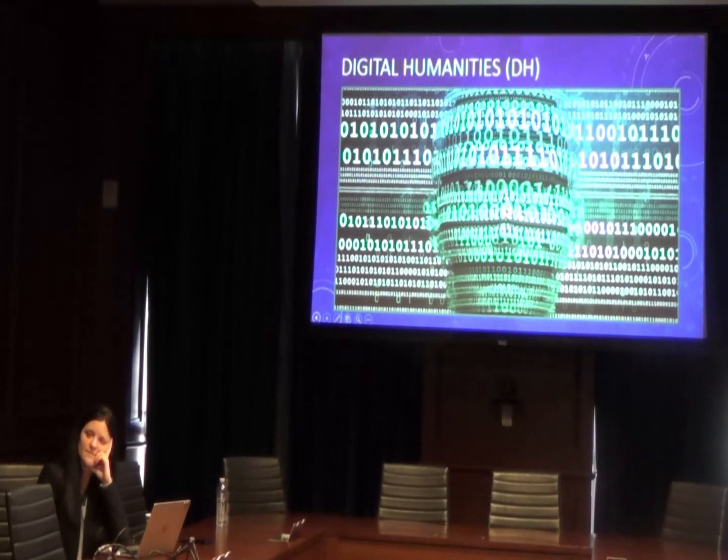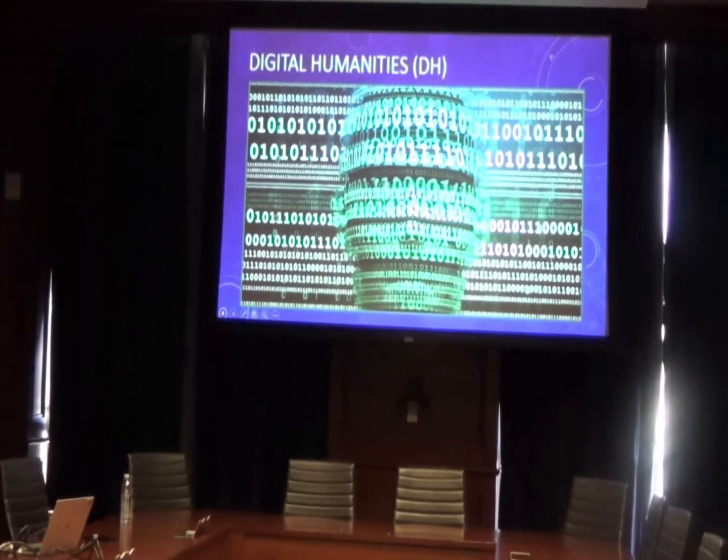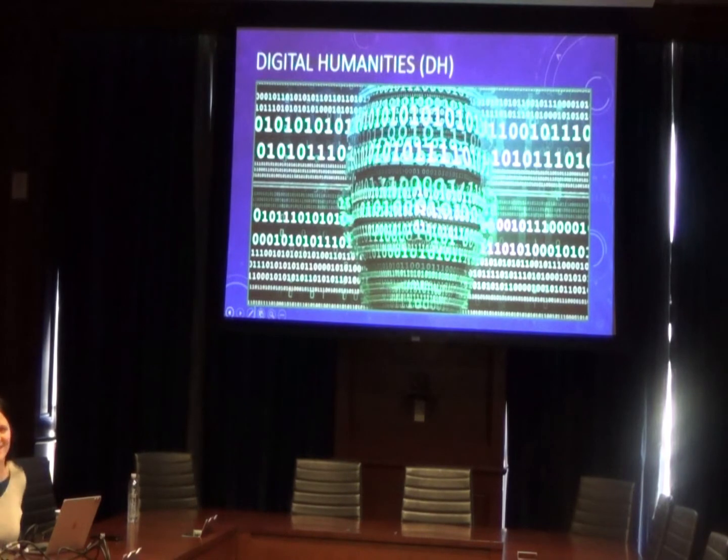So this is still a very new thing. And for those of us that have been out of graduate school for more than 10 years, it's something that, at least I'm struggling to keep up with, to some degree. It's really been just in the last 10 years that this is becoming a significant form of academic inquiry.